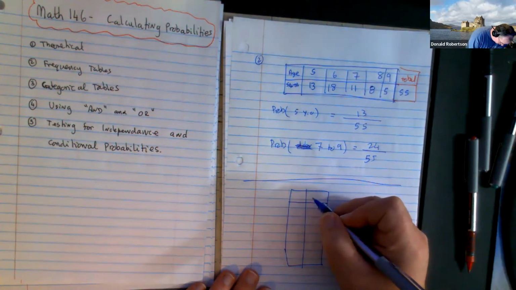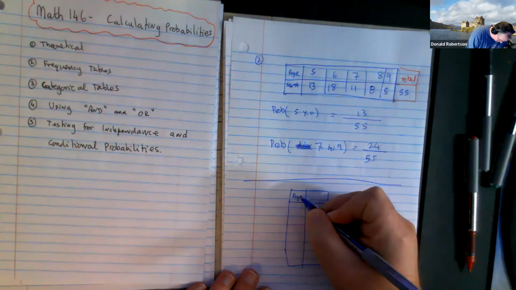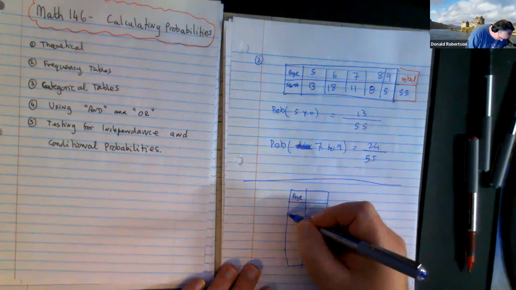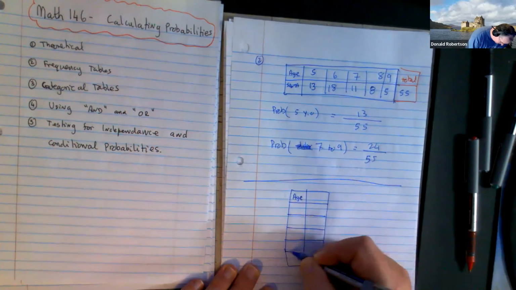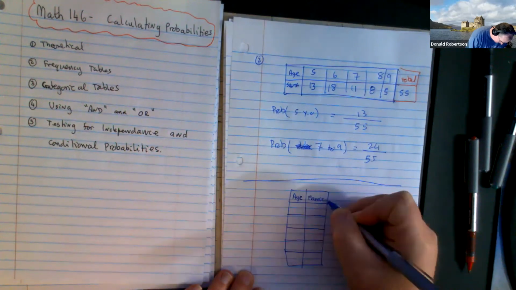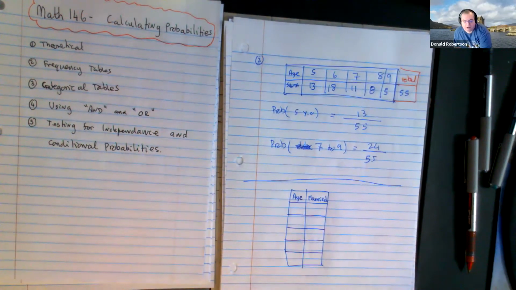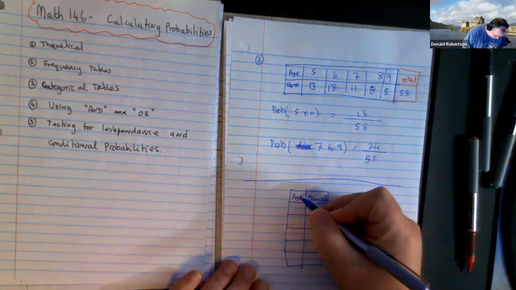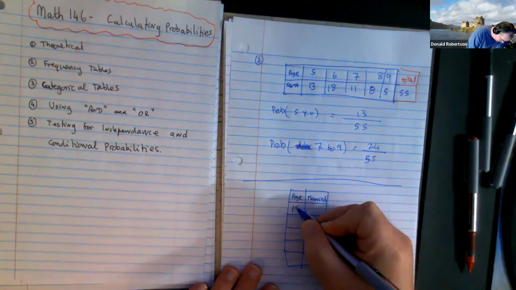Oh, found some data on some married couples, and we found out what the age of, say, the male was, and it was 19, 20, 21, 22.